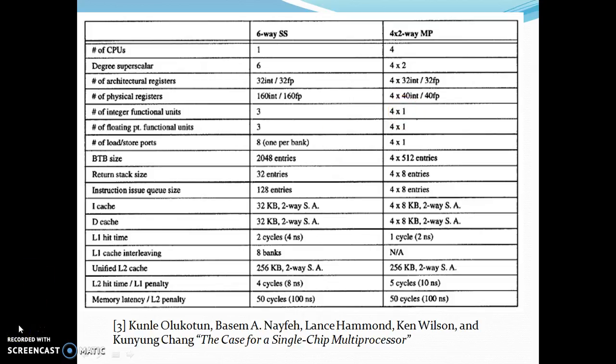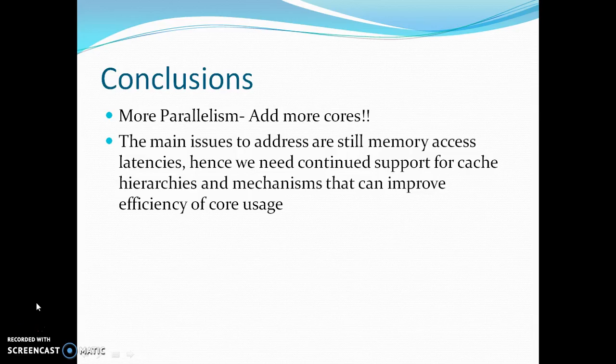As the performance was evaluated, it was concluded that the 4-way chip multiprocessor performed tremendously well on applications which required more parallelism. This performance was evaluated on the basis of the same operating frequency and the same application tested on both the cores. So in conclusion, I would like to say that if you want more parallelism, add more cores.